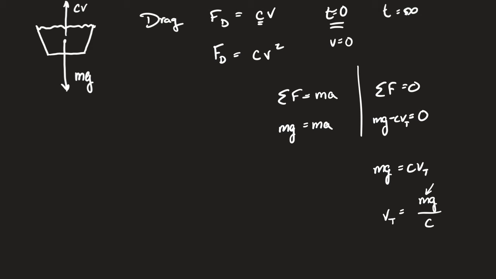So in this lab, here's your goal. Your goal for this lab is twofold. First, you need to figure out which type of drag you're seeing with your data, which means you have to test whether you get a linear function with v or a linear function with v squared.